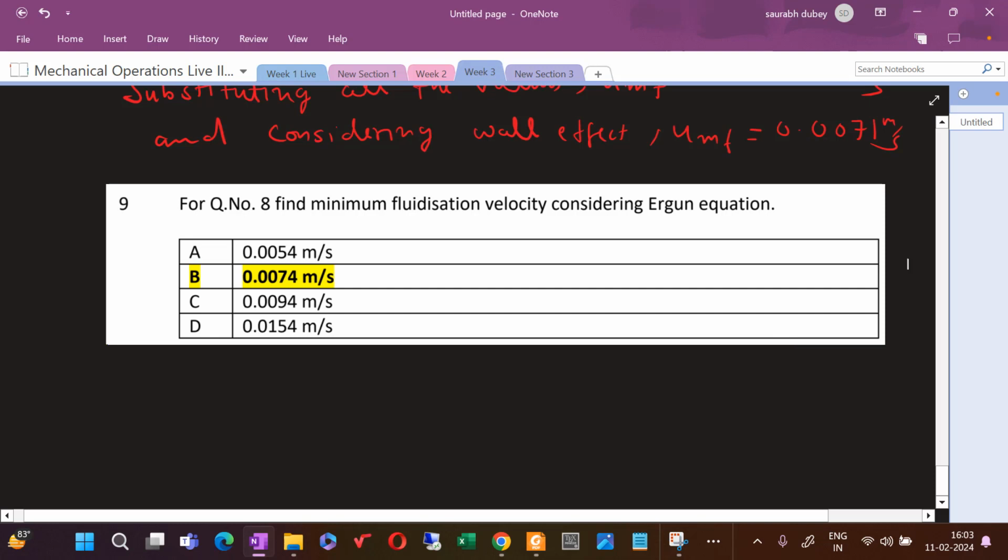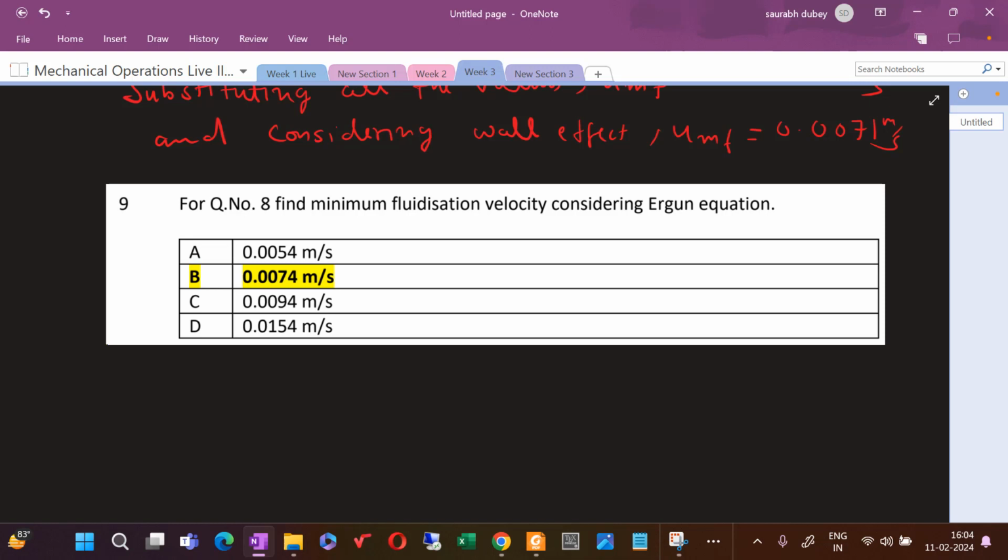Now it has been told that you just consider the Ergun equation to find this minimum fluidization velocity. As you remember in the lecture, when you consider the Ergun equation and solve for this, then the Galileo number comes into the picture.